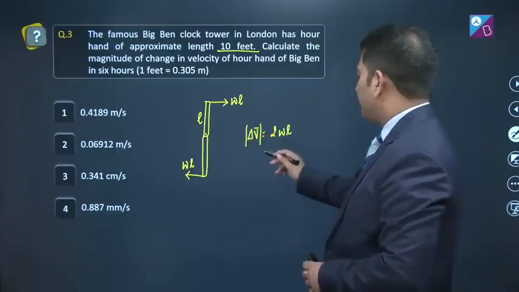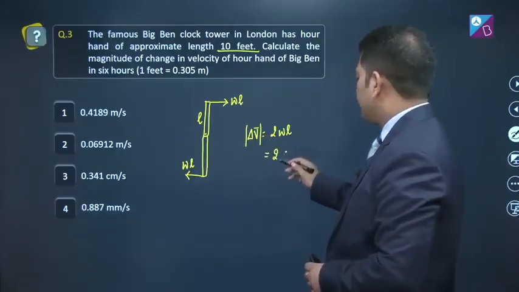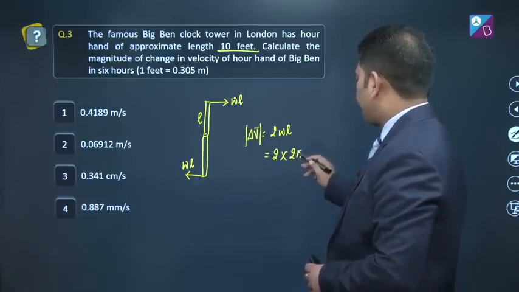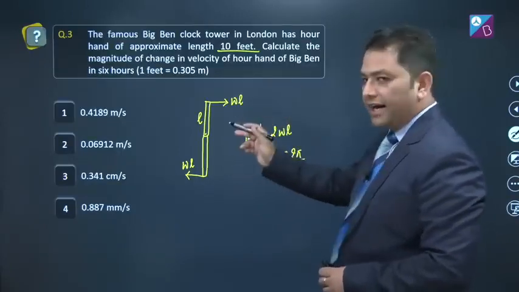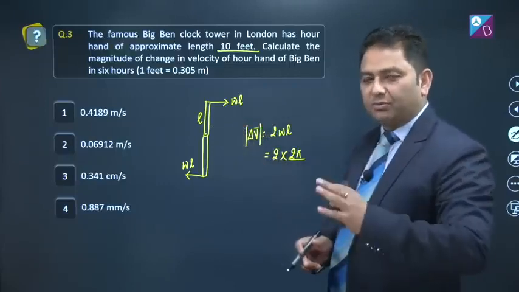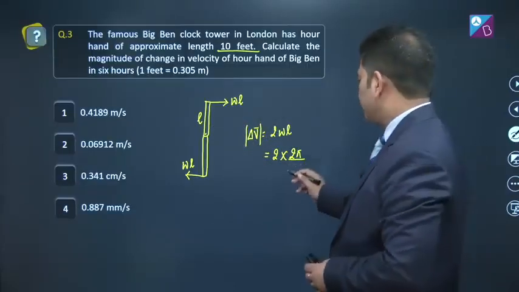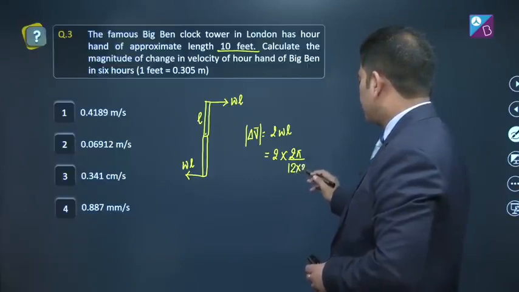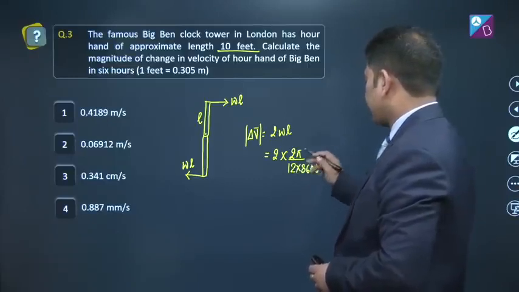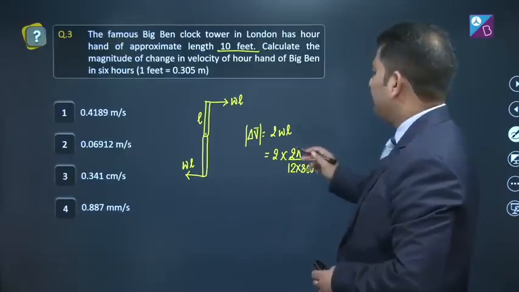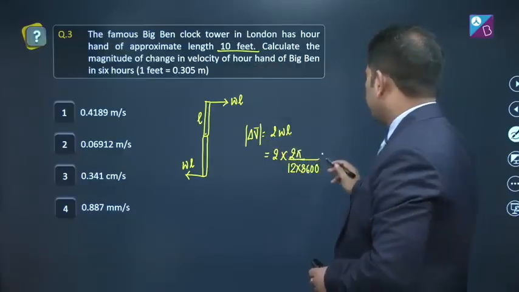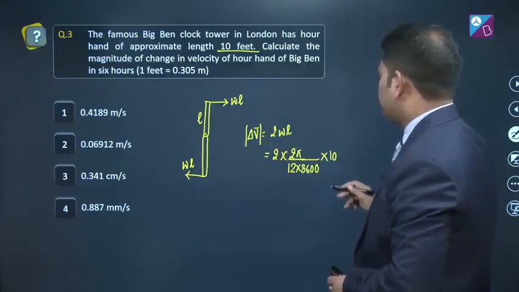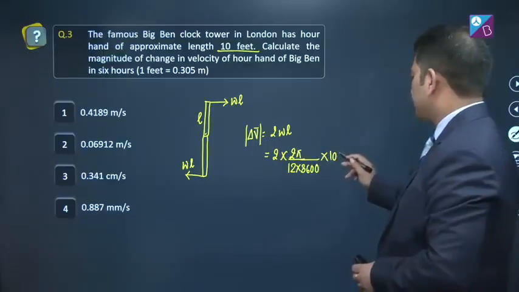अब omega, let's see, that's the angular speed. ये बन जाएगा 2 pi divided by 12 hours. Hour hand है, so for one cycle it will be taking 12 hours, right? So इसको लिखेंगे 12 hours into 3600 seconds. And finally the length है 10 feet और feet को meter में कैसे convert करना, that the question gives us.